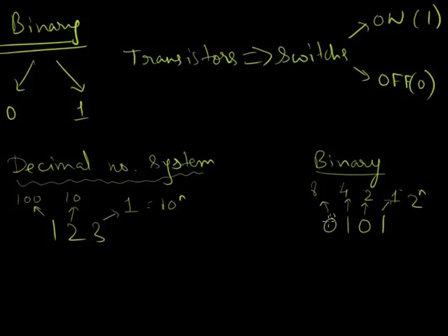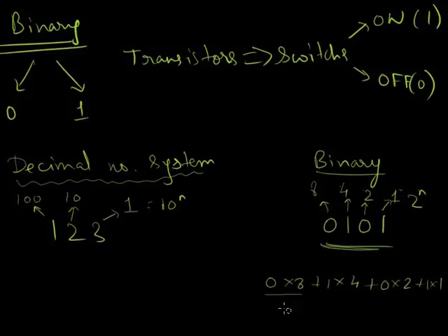And if you want to know which number 0101 represents in binary, we have to convert it to decimal, and the process is very simple. This 0 is in the 8's place, so 0 into 8, plus this 1 is in the 4's place, so 1 into 4, plus 0 into 2, plus 1 into 1.